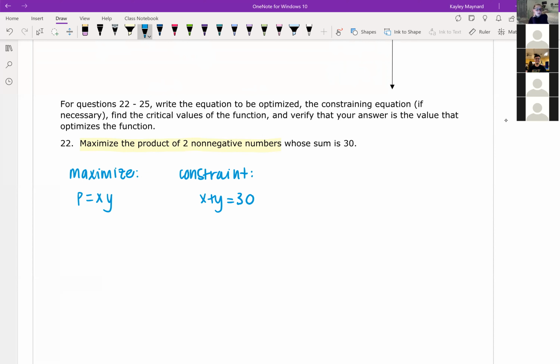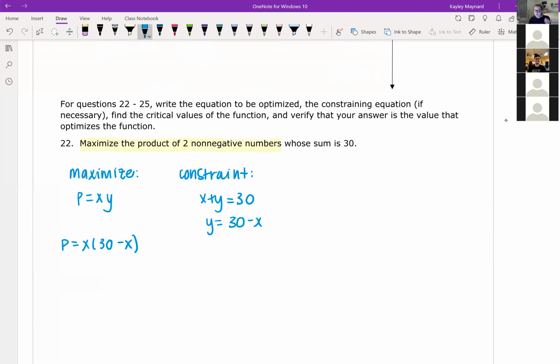Okay, so let's go ahead now and put these two pieces together. Your next step is usually to take the constraint, solve for one of the variables, and then plug it back into the original equation. So this constraint tells me that y needs to be equal to 30 minus x. And I'm just going to plug that back in. So I get P equals x times (30 minus x).